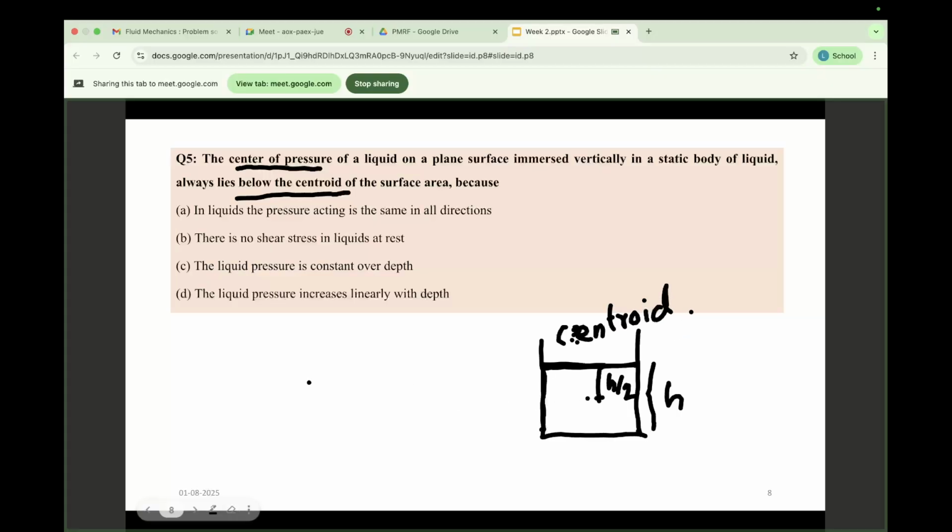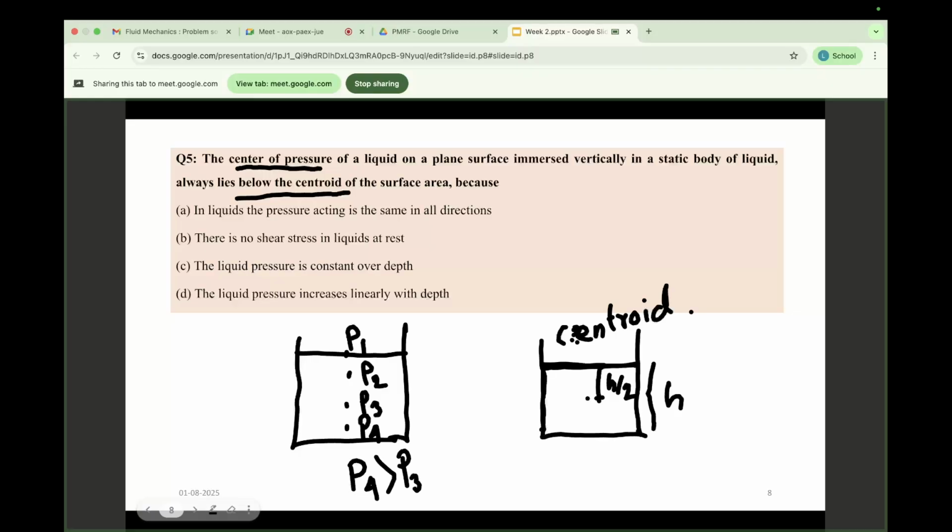So if I come to the concept of center of pressure, what exactly is this concept? See, whatever the pressure at this point, this P2 is more, this P3 is more than this 2, and this P4 is more than this 3. That means as we move downward, the pressure keeps increasing. So the numeric value is more toward the bottom.